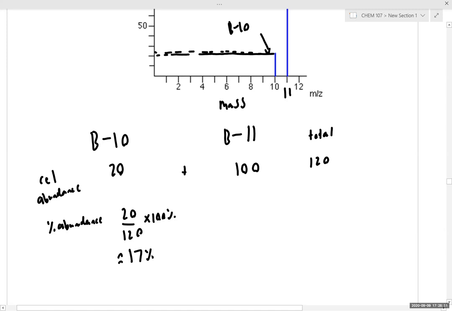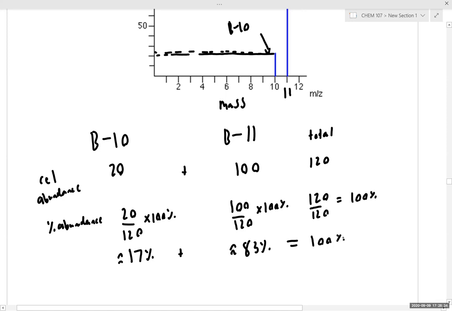For boron 11, we have 100 over 120 times 100%, and that gives us roughly 83%. Both of our percent abundances add up to 100%.